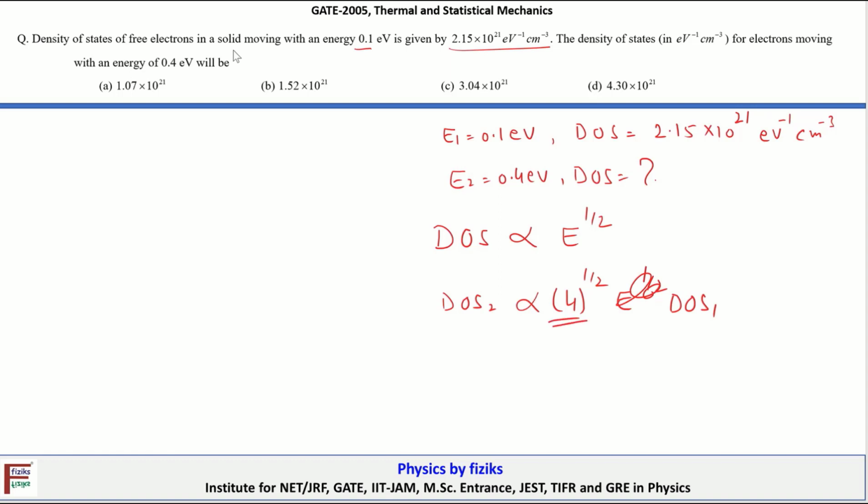It's merely a difference of this factor. So it is basically 2 times the density of states of the initial state, which I am calling 1. That means in the second case, the density of states will be 2 multiplied by 2.15 into 10 power 21, which is equal to 4.3 into 10 power 21. So therefore D is the correct option here.